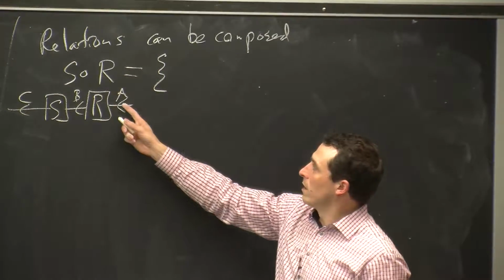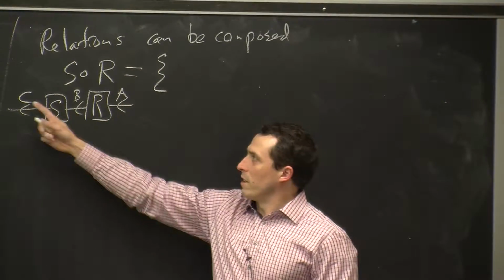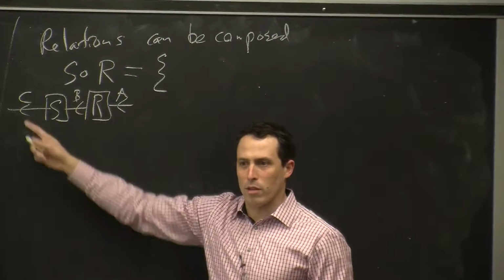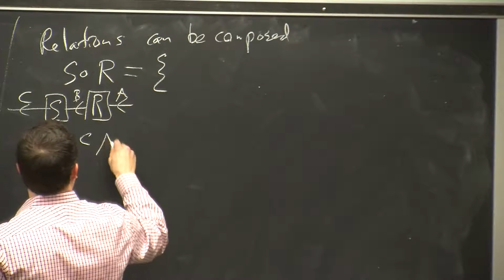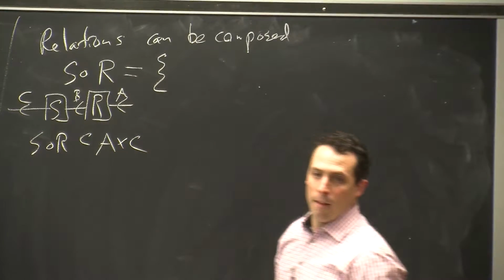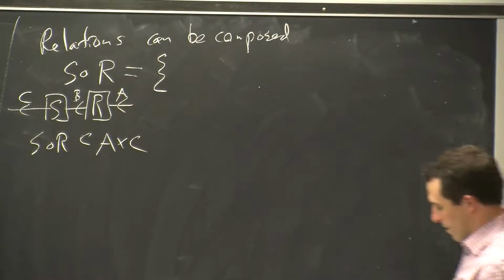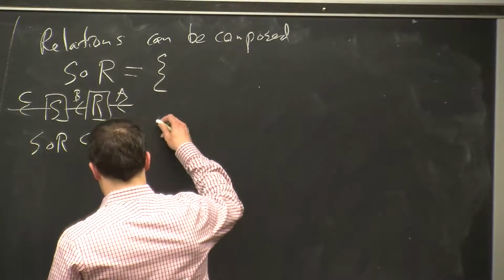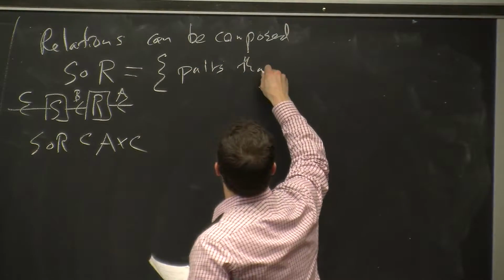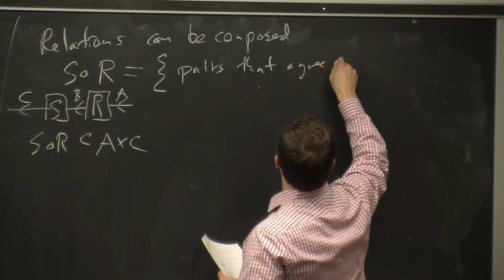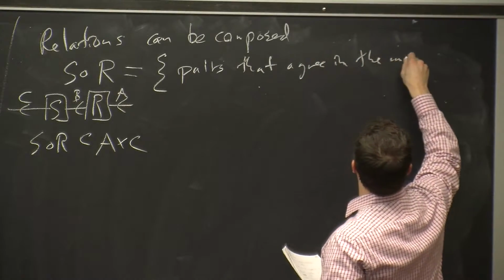That new relation has to be a subset of A cross C, the Cartesian product of A and C. So this is going to have to be some subset of A cross C. I'm going to give the definition of that right now. And that's just pairs that agree in the middle.